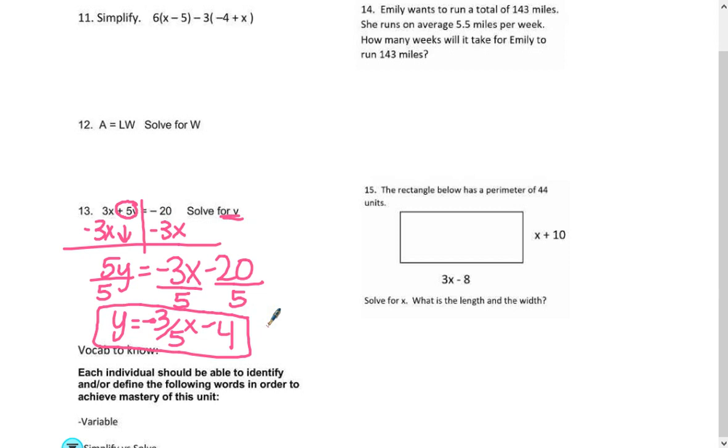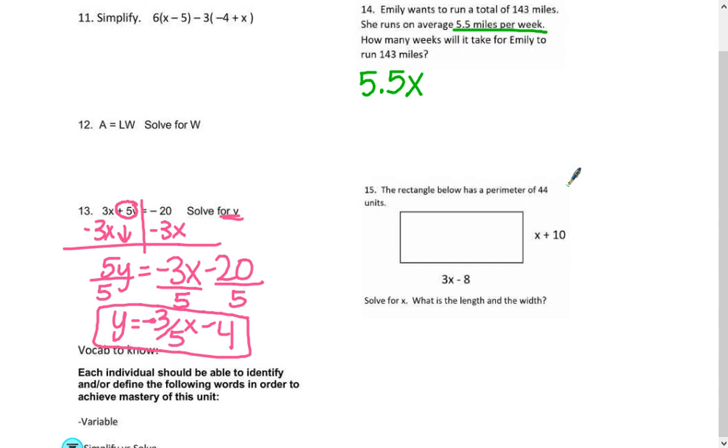Let's talk about number 14 and set up a quick equation. Emily wants to run a total of 143 miles. She runs on average 5.5 miles per week. All right, so let's start with that part of our equation. She runs 5.5 miles per week. That is where we get our variable, per. All right, how many weeks will it take for Emily to run 143 miles?